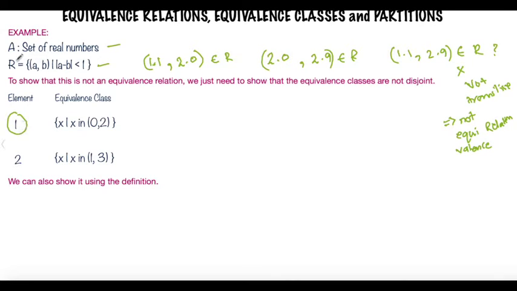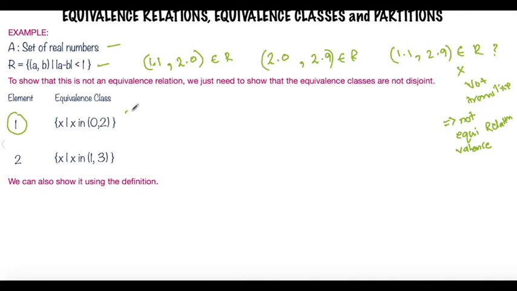Element 1 is a real number, so it is in A. Element 1 has all the elements from 0 to 2, non-inclusive, because every number from 0.00001, very close to 0, up to 2, approaching from the left, has the absolute value of its difference with 1 less than 1. Similarly, the element 2 has as its equivalence class all real numbers from 1 to 3, where 1 and 3 are not included.